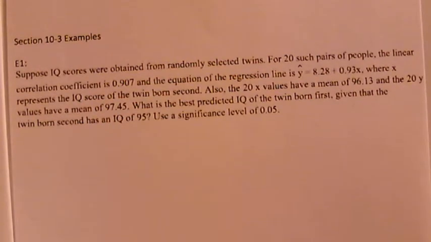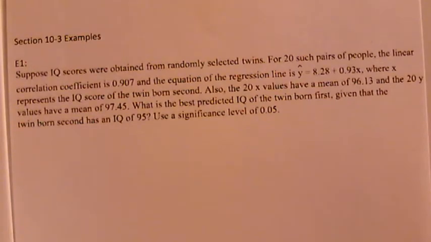All right, this first example is this. Suppose IQ scores were obtained from randomly selected twins. For 20 such pairs of people, the linear correlation is 0.907. And the equation of the regression line is y hat equals 0.828 plus 0.93x, where x represents the IQ scores of the twin born second.